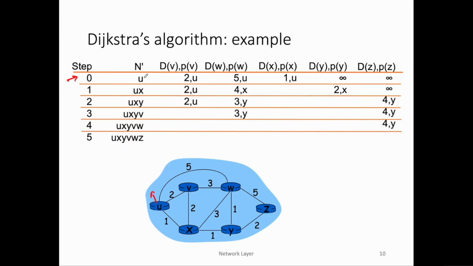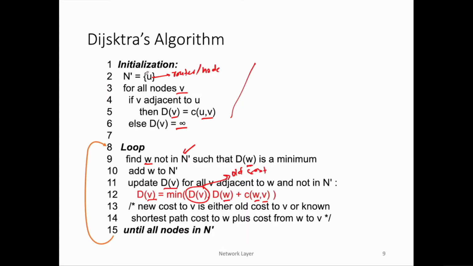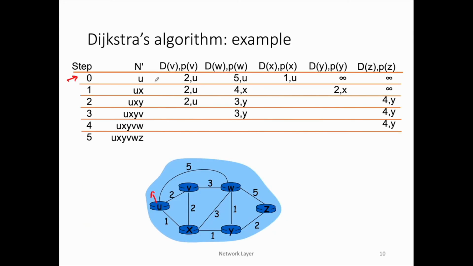Only u, right? Remember, in the initialization step, N contains only u, where we have started this algorithm. And what is the cost to reach v, D(v)? Yes, 2. How do we know this cost? Because v is the direct neighbor of u.